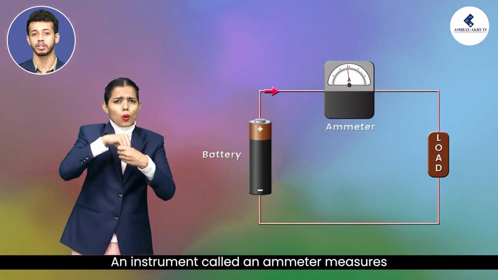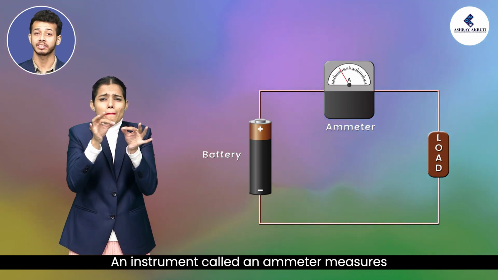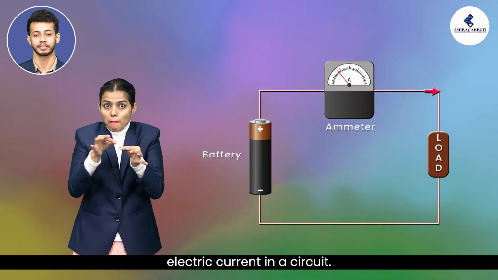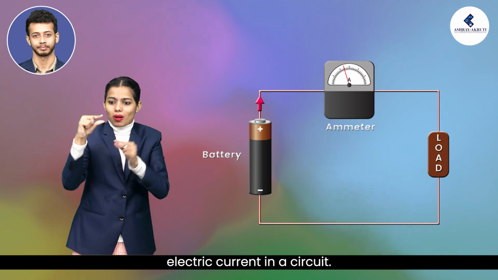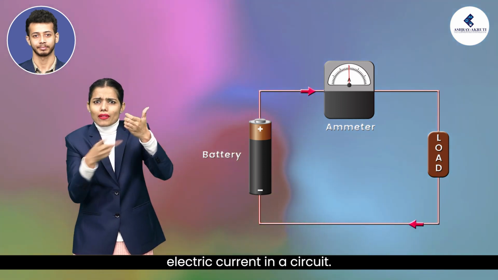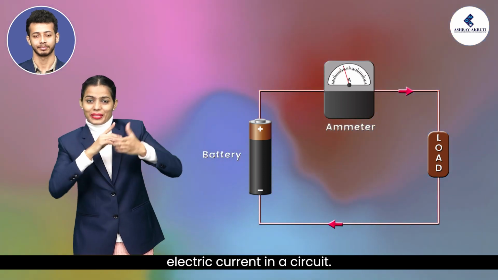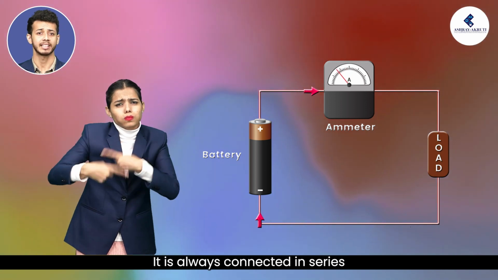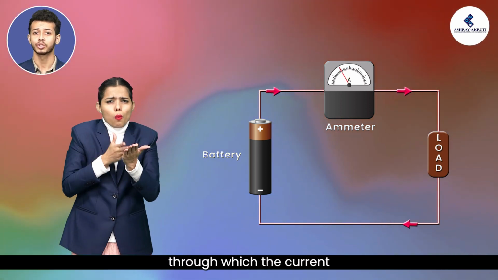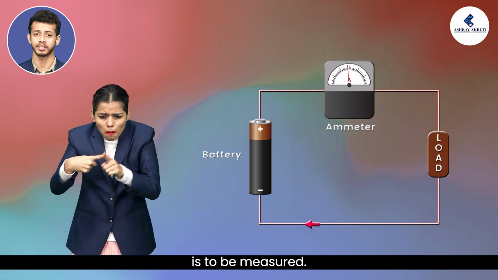An instrument called an ammeter measures electric current in a circuit. It is always connected in series in a circuit through which the current is to be measured.